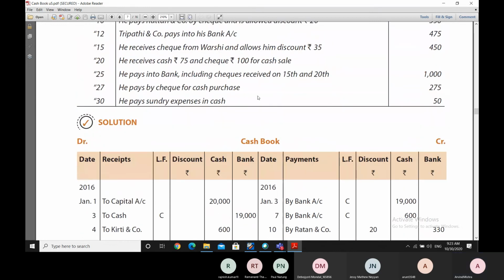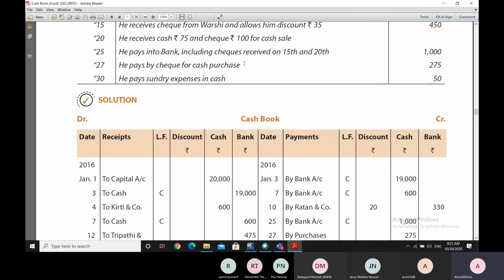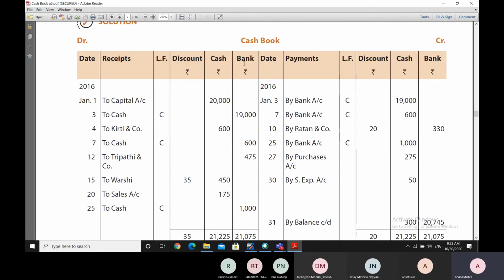Now, he takes these checks which have been received by him, this 100 rupees check and that 450 rupees check, so 550 rupees of checks, plus another maybe 450 he has received on the 25th. So he takes all those checks and puts them into the bank account.